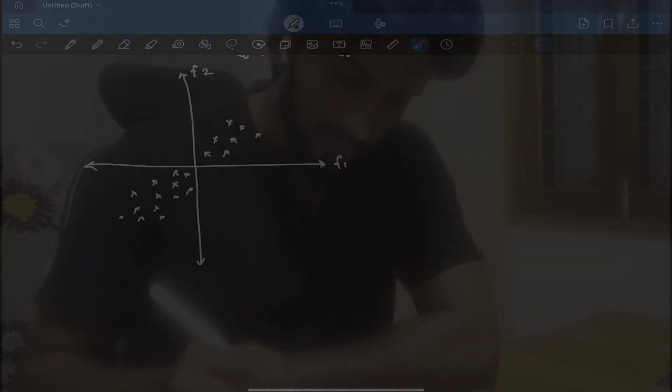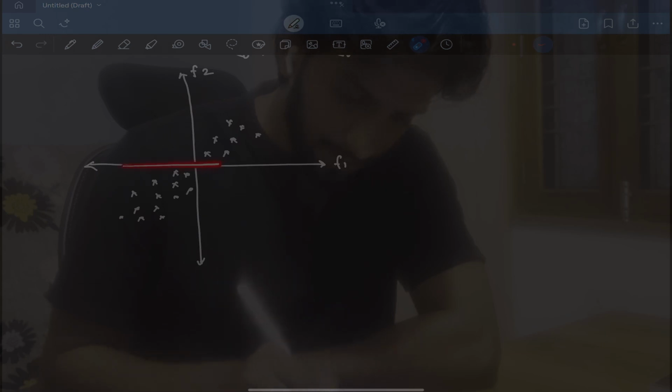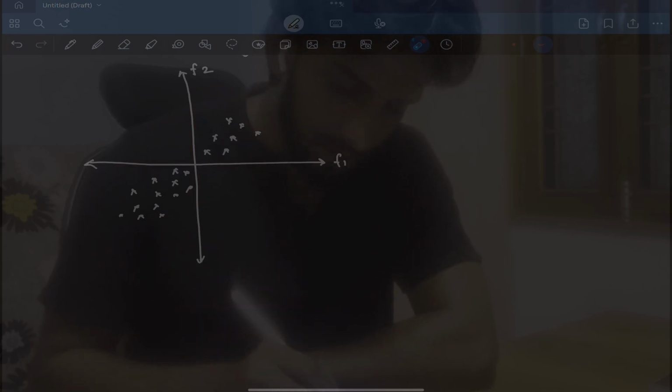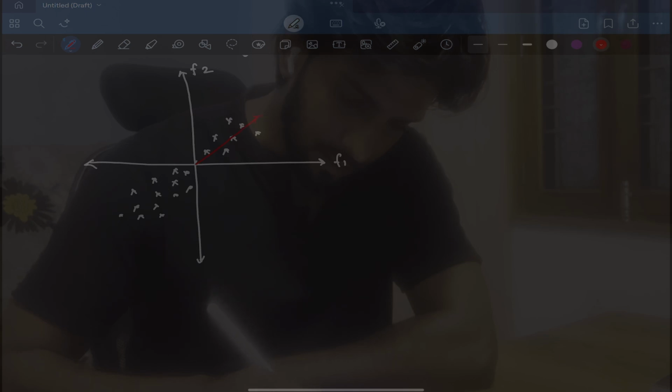Now if you see the spread of data along feature f1 and spread of data along feature f2, these two are wide enough, right? So we can't simply drop feature f1 and f2, right? But if you see, there's one direction, along which the spread of data is wider.